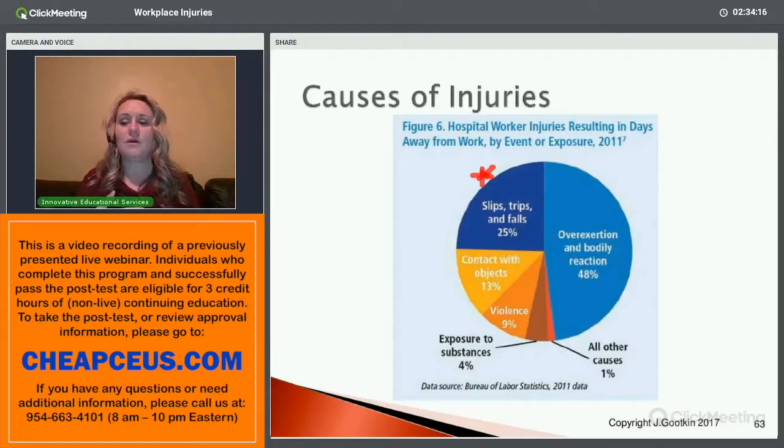Where are the cords lying that someone doesn't trip over it? Are we rushing quickly and maybe the floor is slick and we're slipping? There's been drainage that wasn't cleaned up. Those types of things tend to happen. That's more situational awareness that can improve that. But overexertion and body reaction is where the largest portion of the injuries that require actual days away from work are occurring.